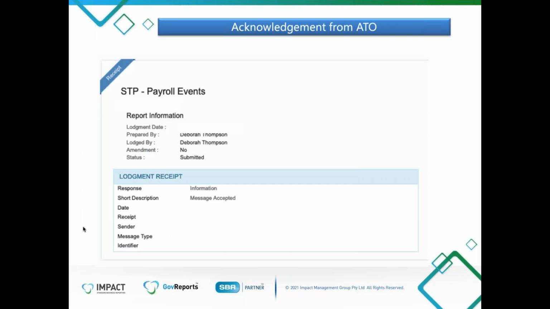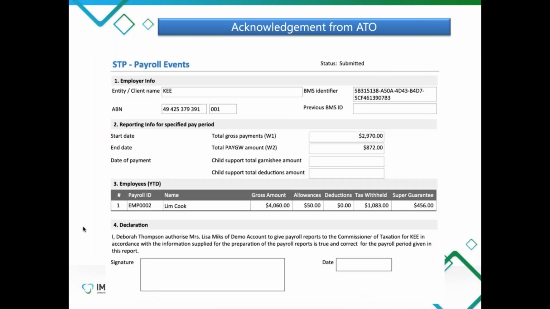When you get acknowledgement from the ATO, again, it looks pretty standard: you get that lodgement confirmed, and then you get what was lodged, and it shows you with the company name. What you'll see in this section is the wages for the week or the fortnight or the month, whatever they are, which is just those wages.